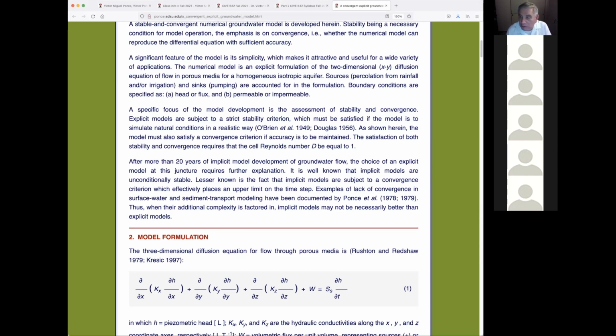The Courant number doesn't matter. But the point that we're making here is very crucial, that you have to use it with a low Courant number, because if you use 4, it won't work. It will be stable, but will be non-convergent, and we know that. Examples of lack of convergence in surface water and sediment transport have been documented elsewhere.